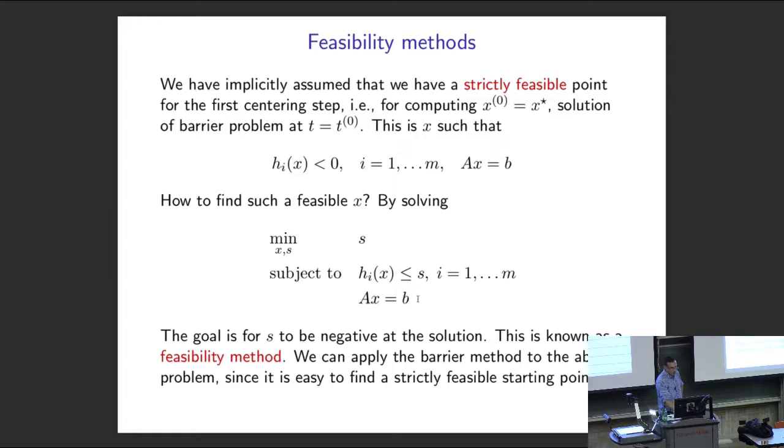If we run the barrier method on this problem, which has all the requirements needed for us to apply the barrier method, because we're thinking about solving minimize f(x) subject to these constraints, then we can stop as soon as s is negative. Right? If we just run the barrier method, keep track of the value of s through all the iterations, as soon as s is negative, we can stop, because that means we have a strictly feasible point.